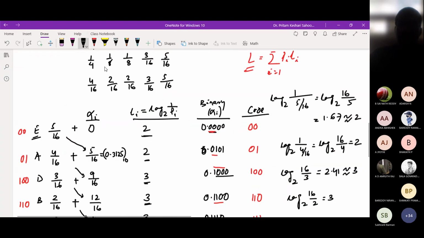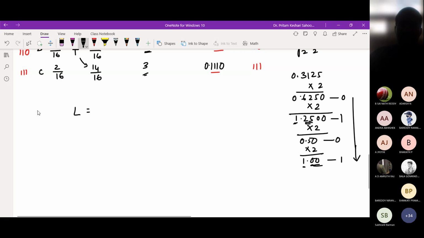So what will be the value of capital L? Capital L is the average length of the symbol. What is small l? Small l is not the average; small l is the exact length of the symbol.